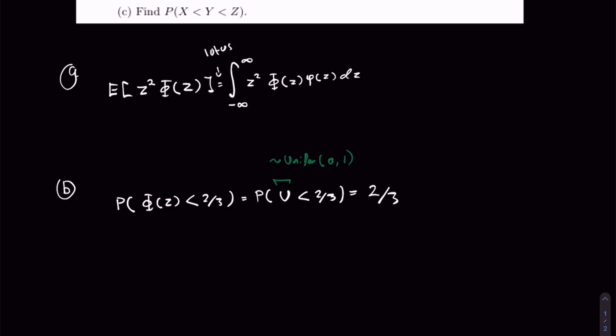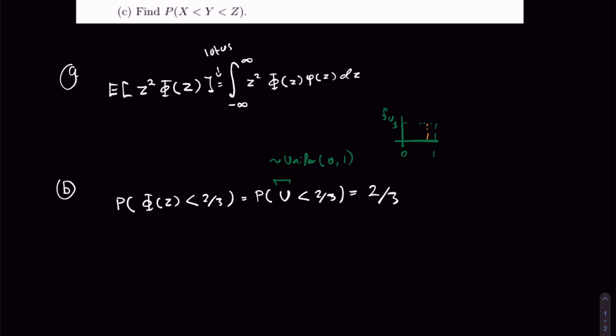So what does that mean? Well, if we have the PDF of the uniform going from 0 to 1, it just means that we are in this space here.